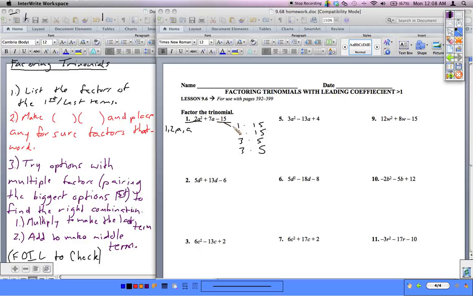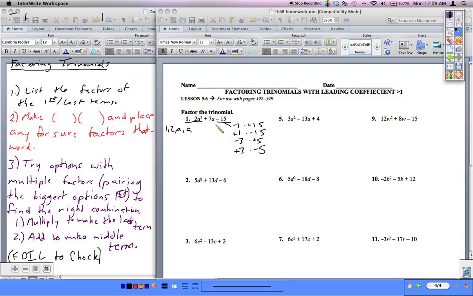Because of that negative sign, you have to multiply a negative with a positive, and so we have to understand and account for the fact that these are how our options are going to be seen. Those are the ways in which you multiply to make that number happen, and those are our only possibilities to make that trinomial.